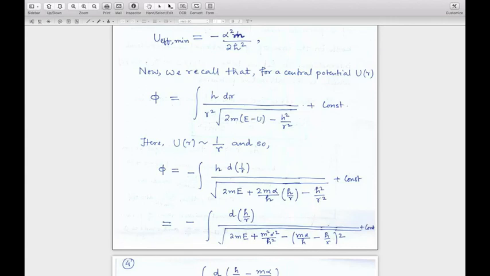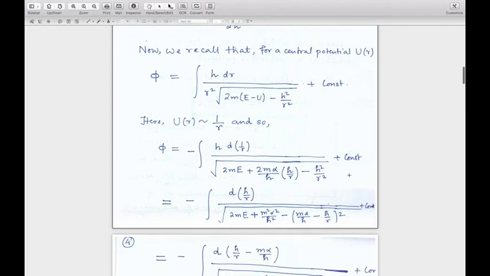We first write dr by r square as minus d of 1 by r, and then in the denominator the whole term inside the square root is 2mE minus 2mU, so since U is minus alpha by r, this will be plus 2m alpha by r. Now plus 2m alpha by r can also be written as plus 2m by h times h by r, then we have minus h square by r square.